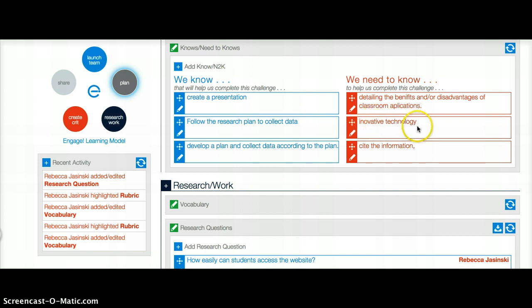Innovative technology. Well, I might not know what the word innovative is, so I'm going to have to look that up and figure out what it means. And then what does it mean to cite the information? Okay, so these are things that I might want to think about while I'm developing my questions, okay?